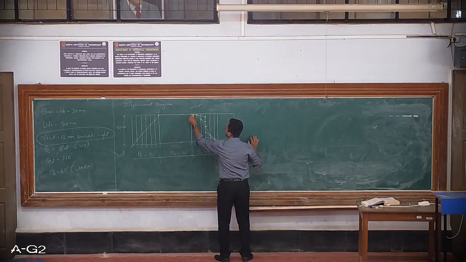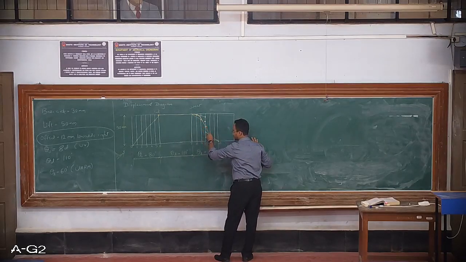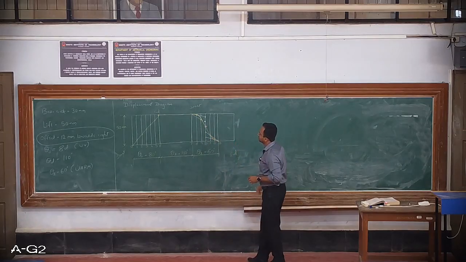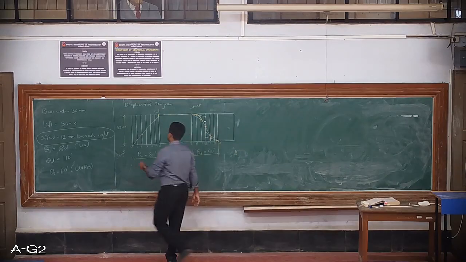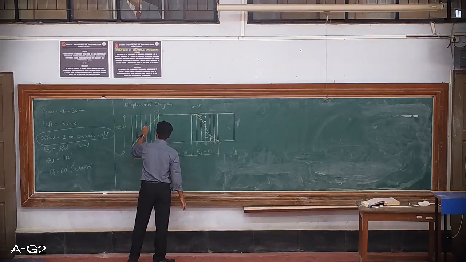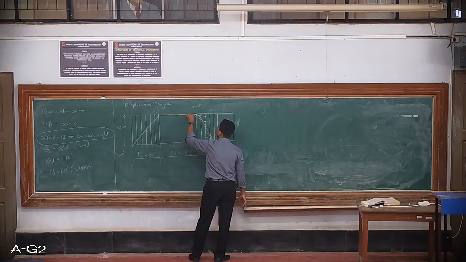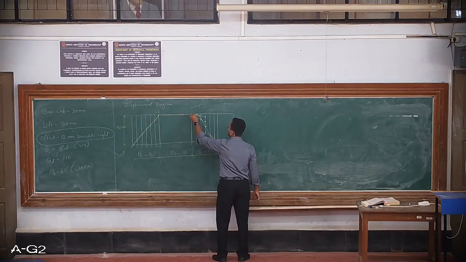So this is the line. I'll just once again try to darken this displacement curve. Here it is a straight line, once again a straight line till here, followed by a smooth curve.